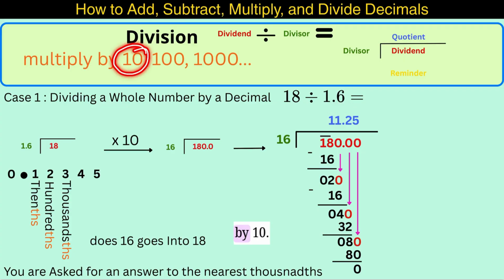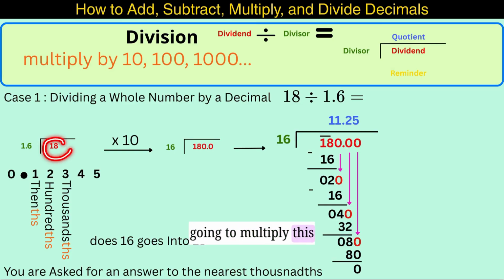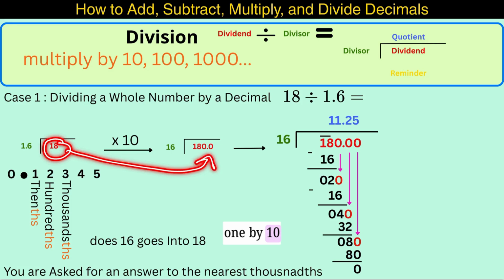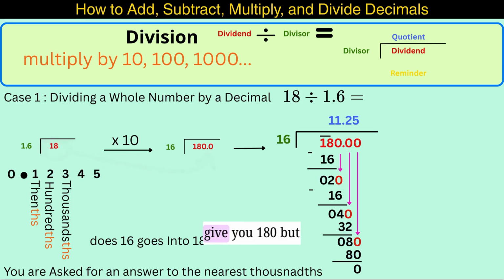If there are 2, I'm going to multiply by 100, etc. So you multiply this one by 10, and it will give you 180. But don't write 180 like this. Always write 180 with a decimal point and a 0 after. I will tell you why in here.